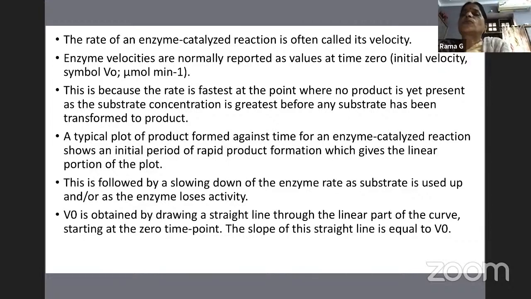So the point is, a typical plot of product formed against time for an enzyme-catalyzed reaction shows an initial period of rapid product formation. That means substrate molecules initially have the rate V0, but afterwards the reaction goes on giving the end products at speed.